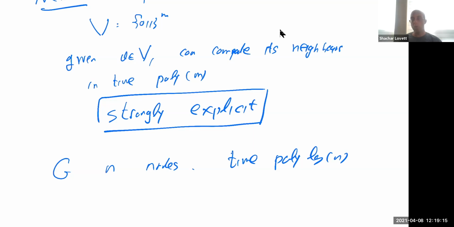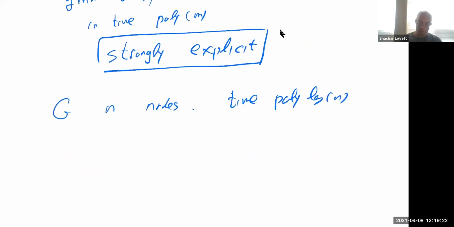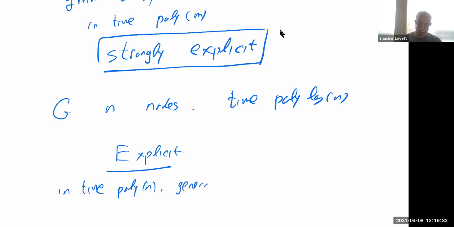There is a weaker notion called explicit. So this is strongly explicit. Explicit is a weaker notion that says that in time poly(n) you generate G. So just write out the full adjacency matrix in time polynomial in n, and we cannot do better because the size is poly(n), right?